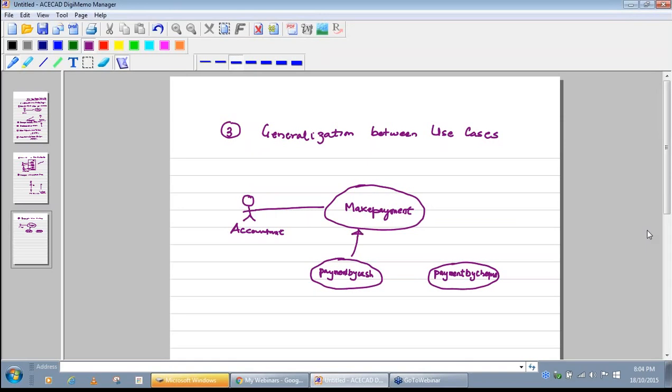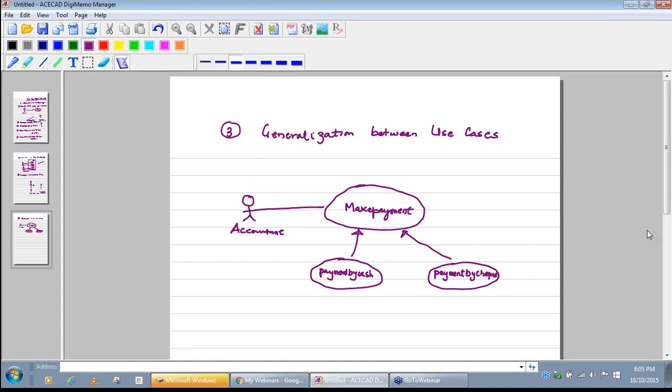So you see, payment by cash and payment by check are called the specialized use cases, and make payment is the generalized use case of that.